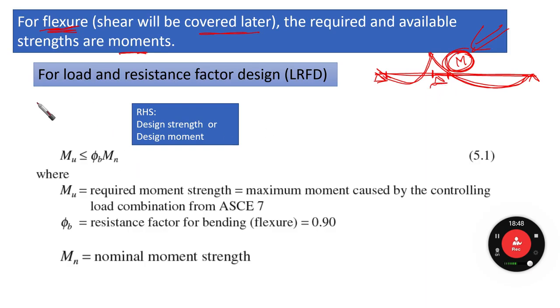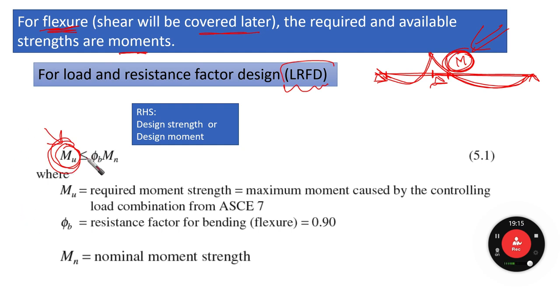So in this case, for load and resistance factor design, LRFD, the most repeated equation for us is M ultimate on the left, which we call the required moment strength, which is coming from our load combination in ASCE 7, for example.